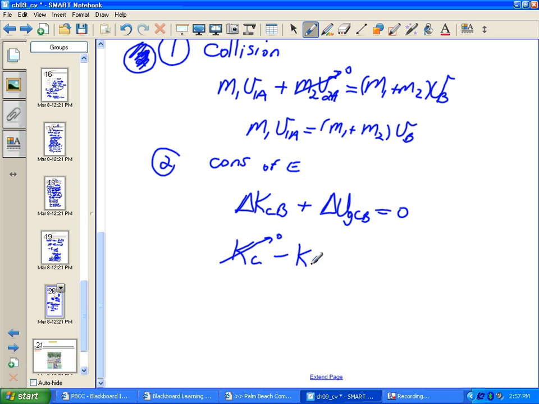So K_C equals 0, K_B does not, plus U_G sub C, here we do have potential energy, but at the bottom of the swing where all the energy was kinetic, which is B, we have no potential energy. And in a sense, that's our zero of energy. So let's see what we have. Minus K_B equals minus U_GC. All right, the minuses cancel.